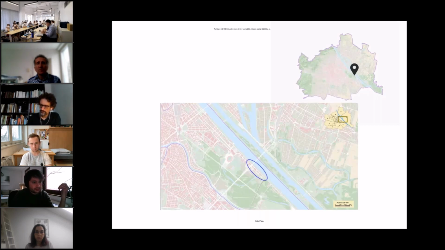And for this, the proposed site plan lies on the right bank of the river Danube, on the eastern side of Vienna, between the commercial main port of Vienna and the marina for small yachts.